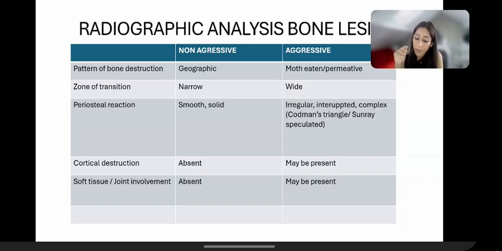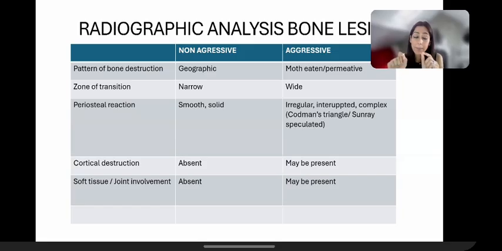So when your pathological process, which can be infection, anything underlying inflammatory, a tumor or infiltration, is so rapid and fast that there is no time for the host bone to contain it, you cannot draw the margins between the normal and abnormal bone. So that means the zone of transition is wide.